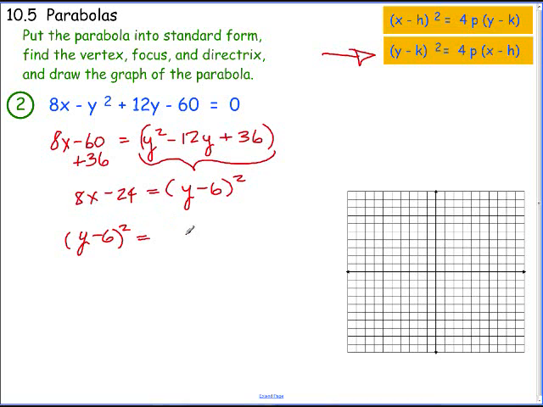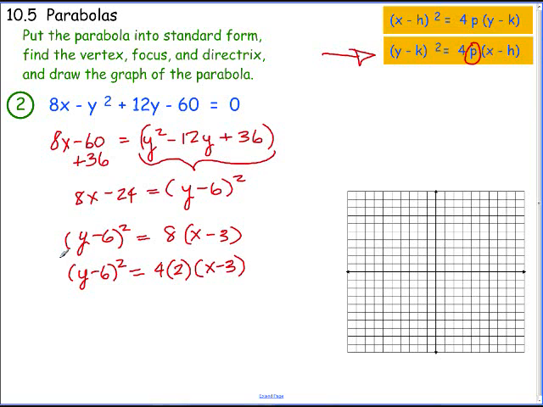And I'm going to factor out an 8. That's not enough though, is it? Because I need to know what my p is. I have to factor 4 out of there. Leaving me with a 2, that's my p.